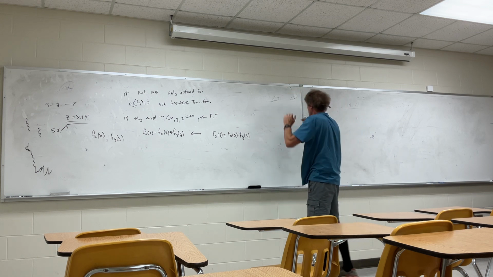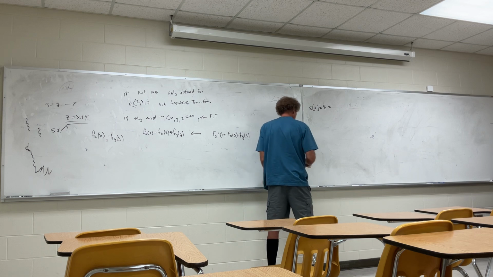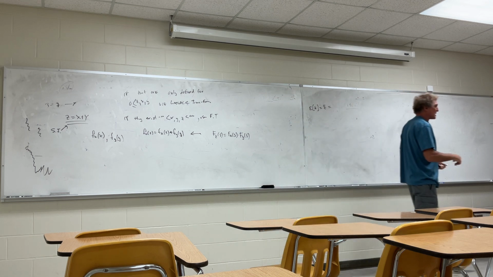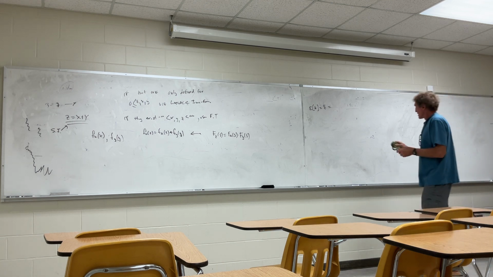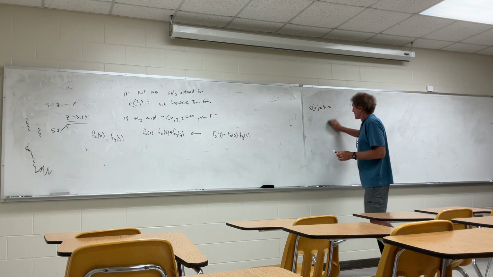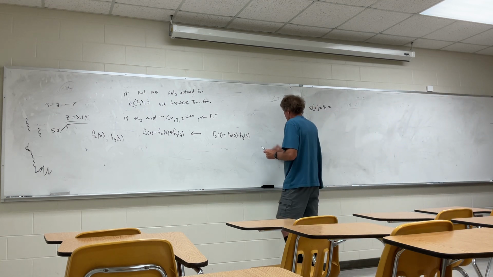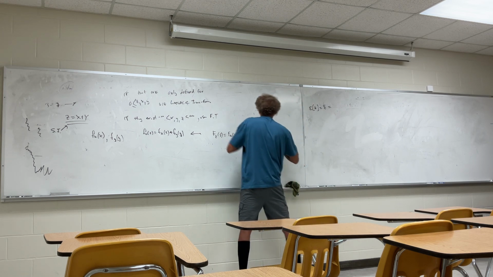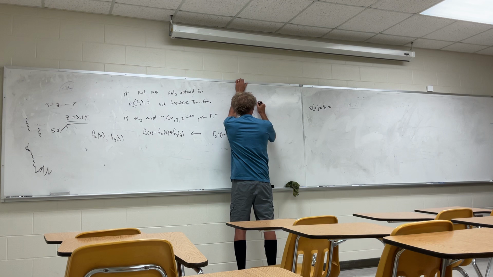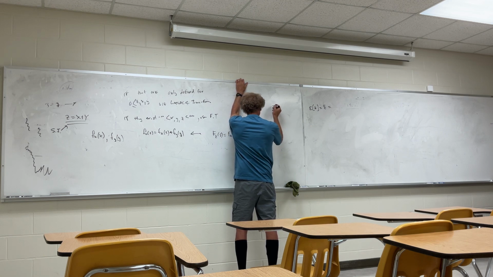Then you take a look at the definition of the Fourier transform. Try to clean that board a little. And the definition of the transform is actually equal to the integral from 0 to infinity.